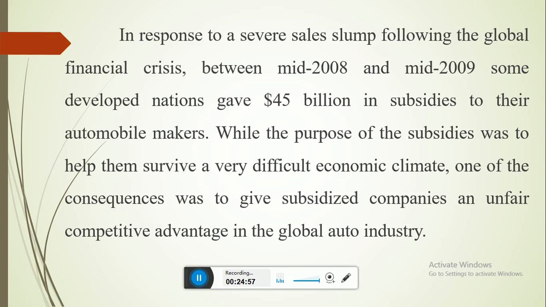So whilst the purpose of the subsidy was to help them survive a very difficult economic climate, one of the consequences was to give subsidized companies an unfair competitive advantage in the global auto industry.